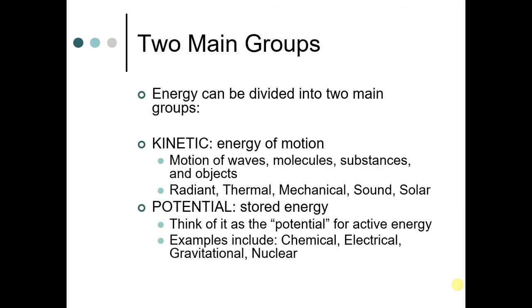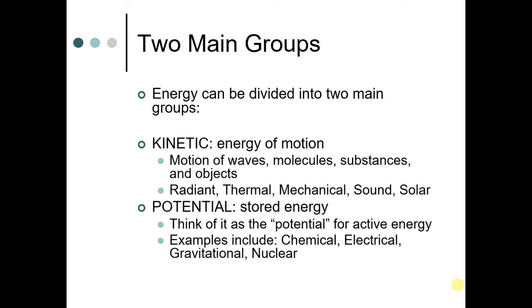But first, I wanted to make sure that we could differentiate between the two main groups of energy. So energy can be divided into two main groups, kinetic and potential. Kinetic energy is energy that an object has because it is moving. So all moving objects have kinetic energy, and the faster those objects are moving, the more kinetic energy they have.